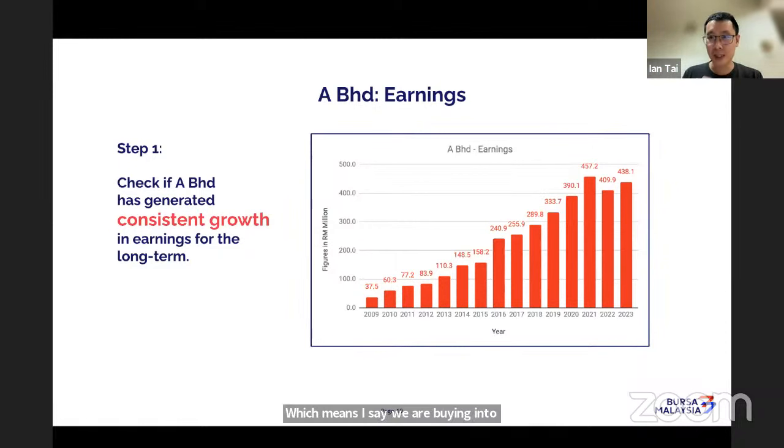We are keeping businesses and hope that these businesses can continue to be not just profitable, but use their profits to actually expand their operations and keep on growing their earnings into the future. So it's not so much about buying and selling, but more like buying and holding on to them for the long term. That is the context of using CAGR.